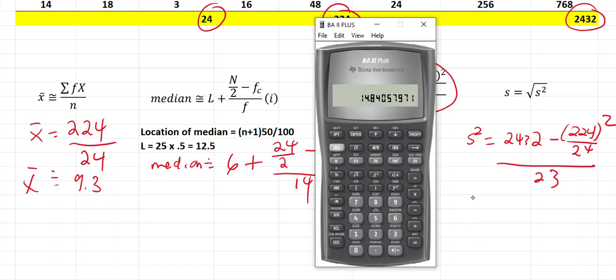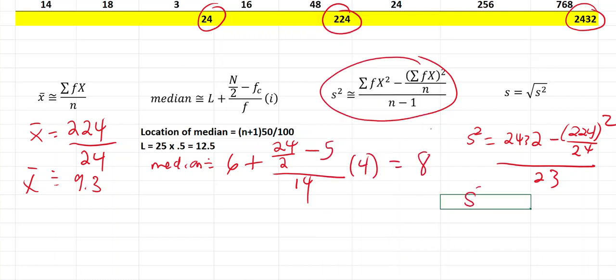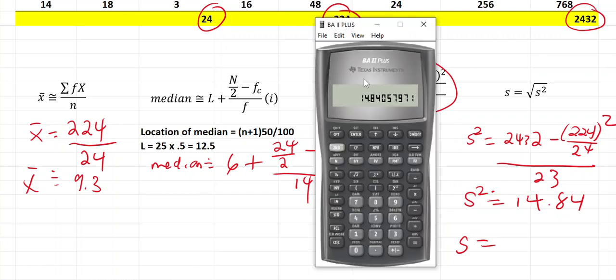And I have a variance of approximately 14.84. All right, that's 2 decimal places over 14.8, 1 decimal place. The standard deviation, therefore, is the square root of this. So again, bring that up, press the square root button, 3.85.